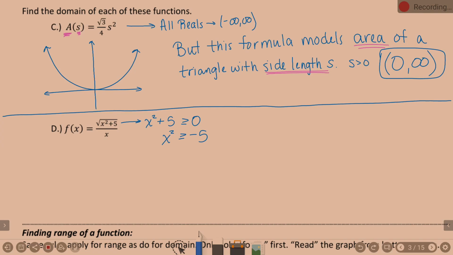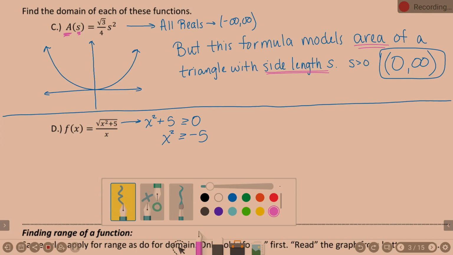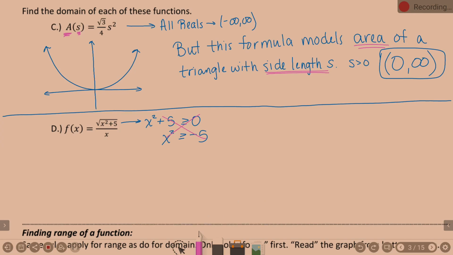So this is one of those unique places where it's not going to end up mattering, because x squared plus 5 is guaranteed to be positive, so no effect on domain.